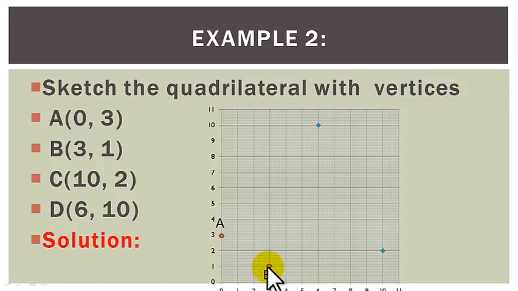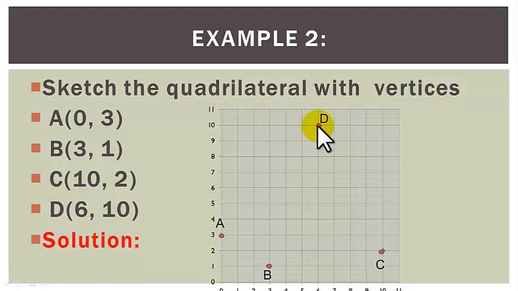The point C is here, and the coordinate of that point C is (10, 2). And finally, the point D is located here, and the coordinate of that point D is (6, 10).